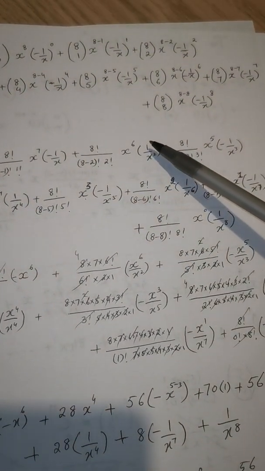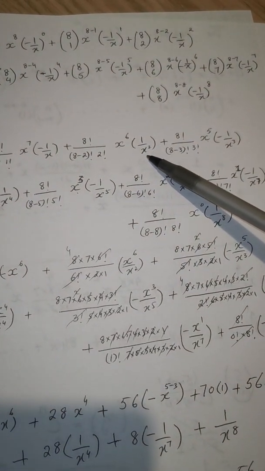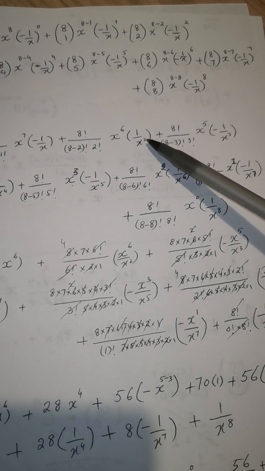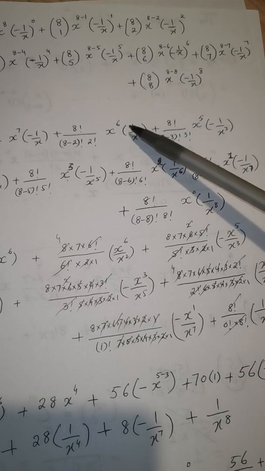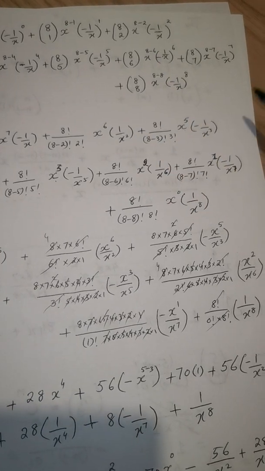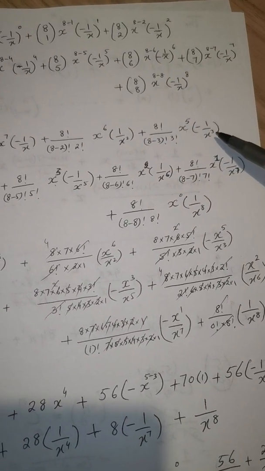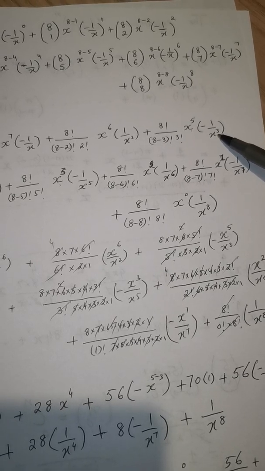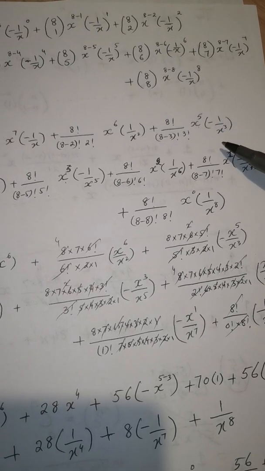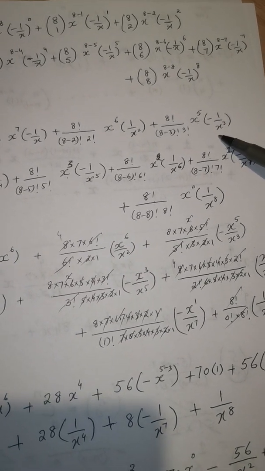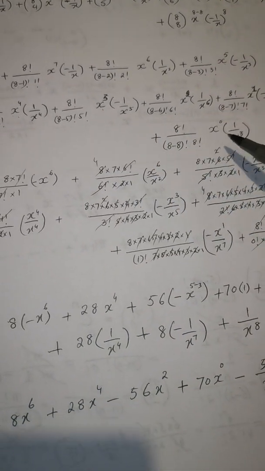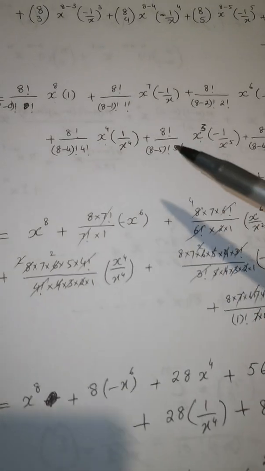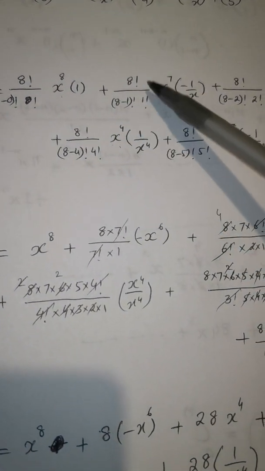If the power of 1 over x is a positive number, then it will be written with a positive sign. This minus will be converted into a positive sign. And if the power of this is an odd number, which is 3 here, it will become minus 1 over x cubed.